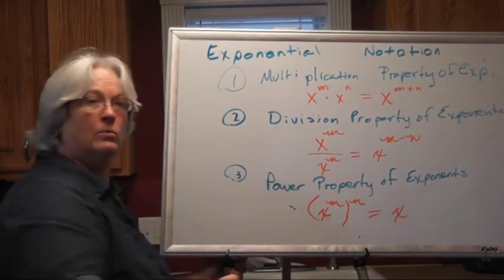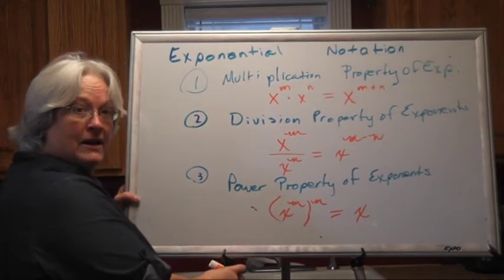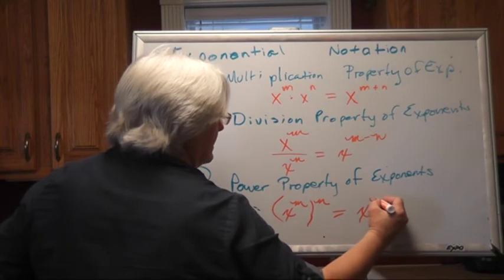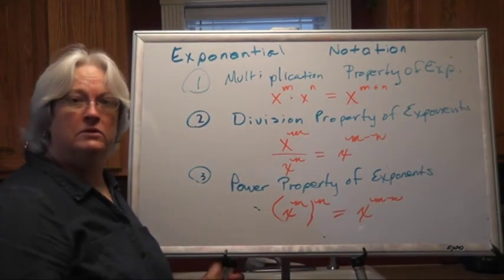Our shortcut way of doing this, because of what our problem actually means, is we keep the base and multiply exponents.